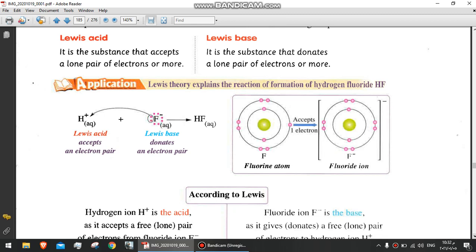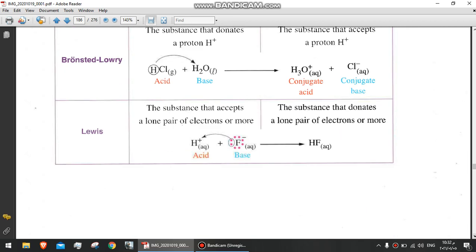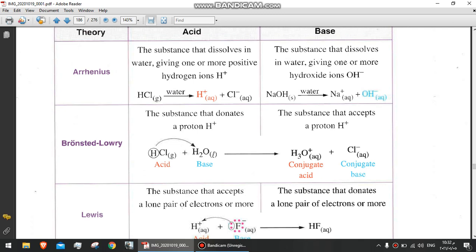Okay? Summary: an Arrhenius acid is a substance dissolved in water producing positive hydrogen ions, while an Arrhenius base is a substance dissolved in water producing negative hydroxide ions. While a Bronsted acid is a substance that donates a positive hydrogen ion, a Bronsted base is a substance that accepts a proton, a positive hydrogen ion.